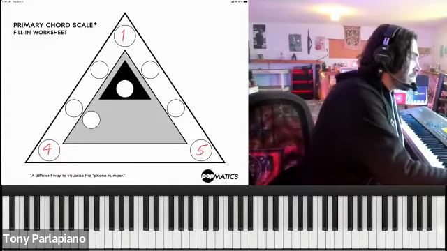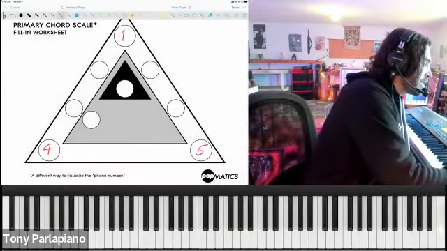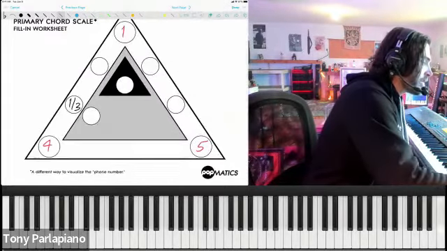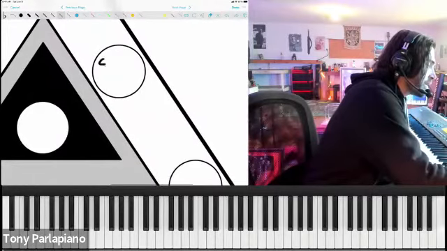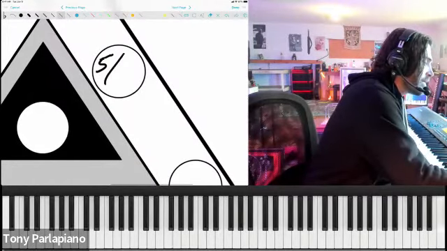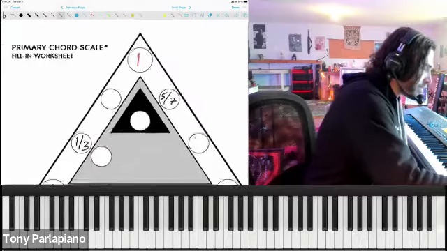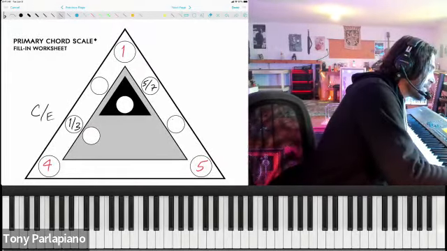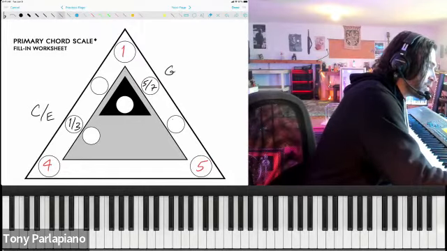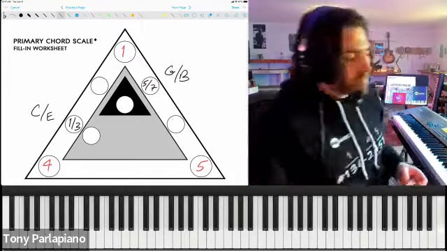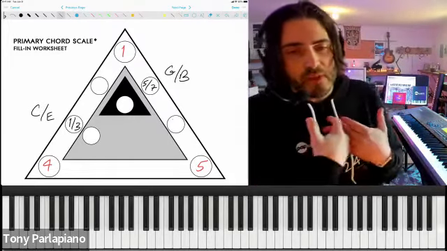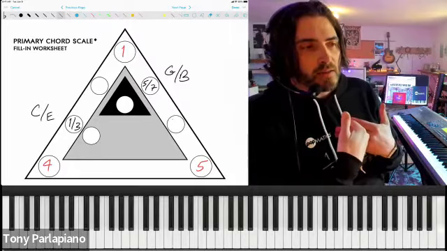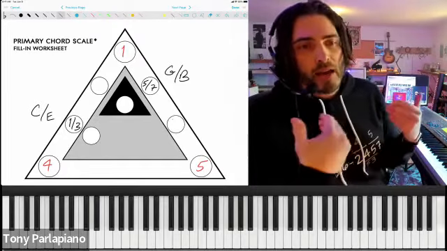The next one I'm going to bring in is going to be right here, 1/3. And over here, we're going to bring in a 5/7. So in this key, our 1/3 would be our C over the E, and our 5/7 would be our G over the B. When I'm teaching major scales, I like students to focus on the structure of what I call blocks.